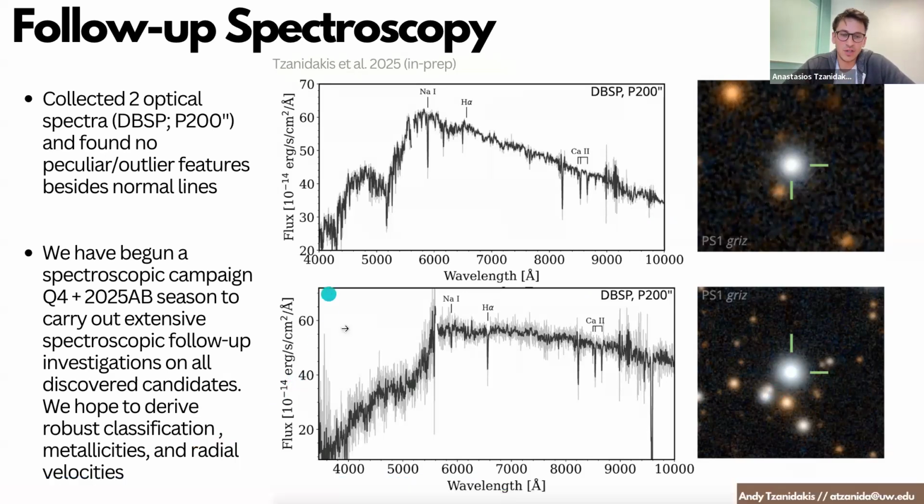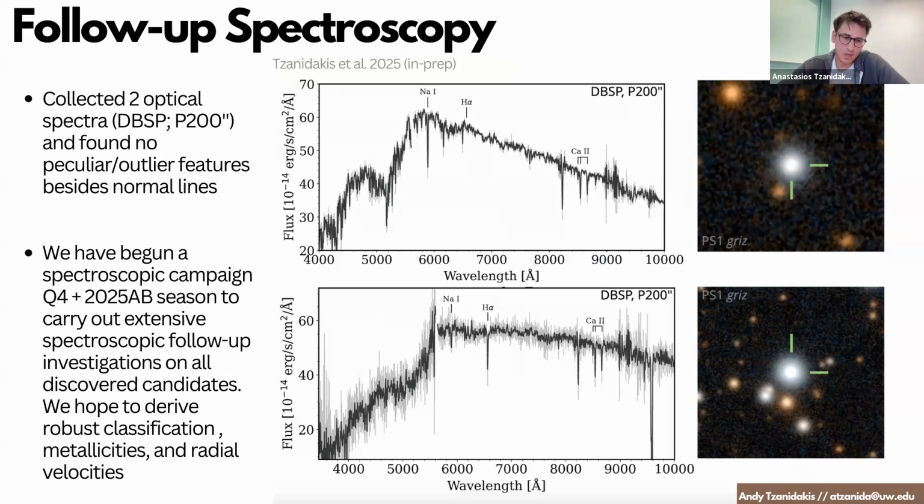So here we have just two spectra of two main sequence Dipper stars that were collected for us. We can see that there are really no peculiar spectroscopic features in these spectra, which is what we were anticipating and is in line with previous findings from other main sequence Dipper stars. But as I said in the previous slide, we really need to have the whole sample in order to make some concrete claims that these are true main sequence Dipper stars.